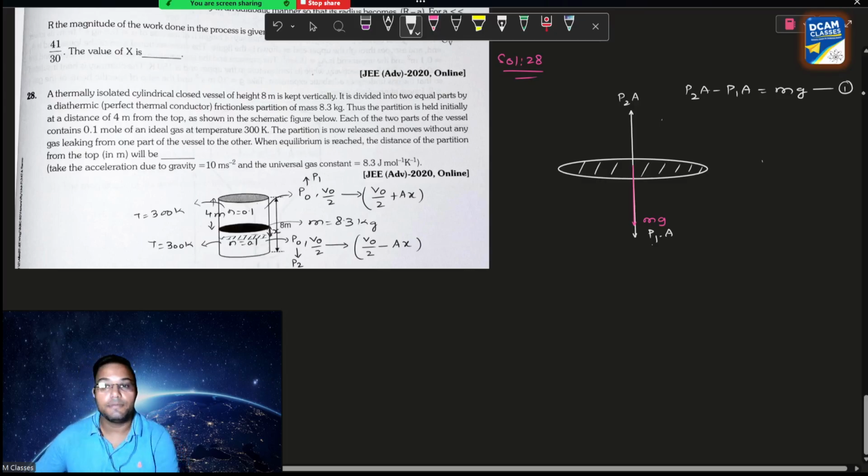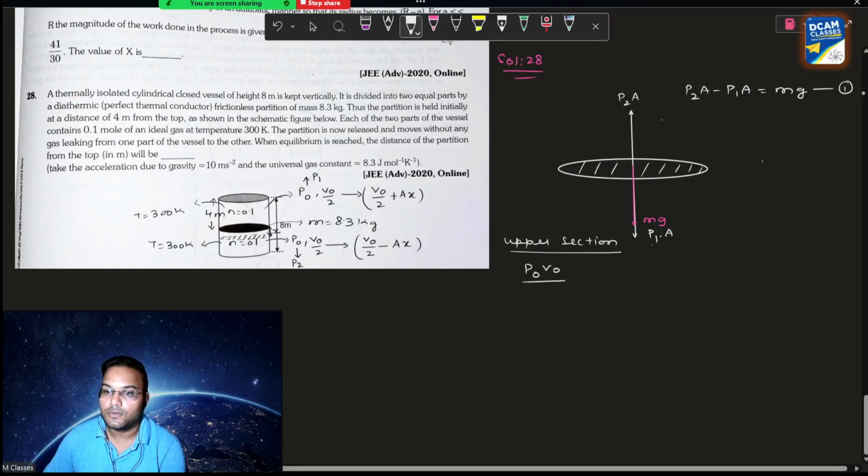How to get the relation between P2 and P1? For that, since temperature is constant, you can apply P1V1 is equal to P2V2 for each half. For the upper section, P naught into V naught by 2 is equal to P1 into V naught by 2 plus Ax.